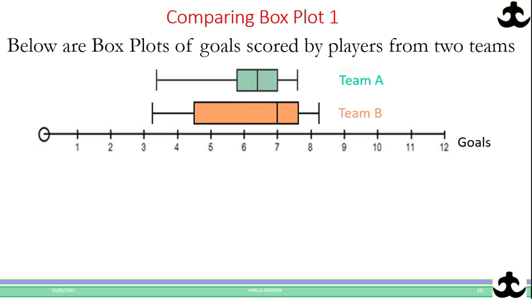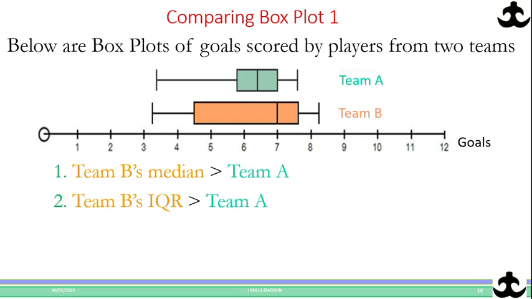So let's see. You see that team B median is bigger than team A. What does it mean? We'll come to that in a minute. Also, team B's interquartile range, as you can see, is bigger than team A. Let's talk about the range.